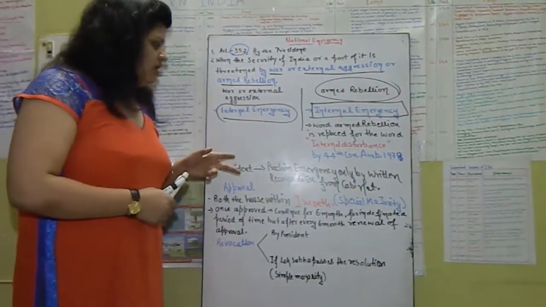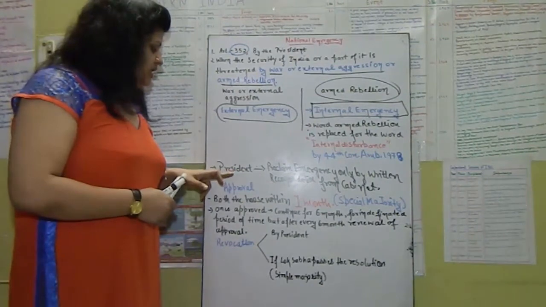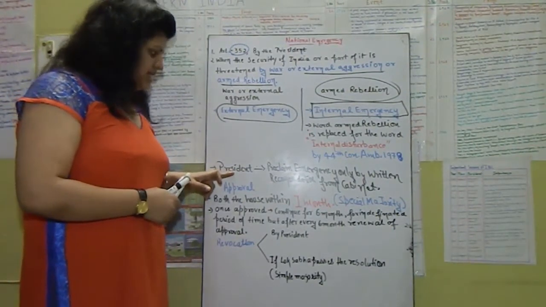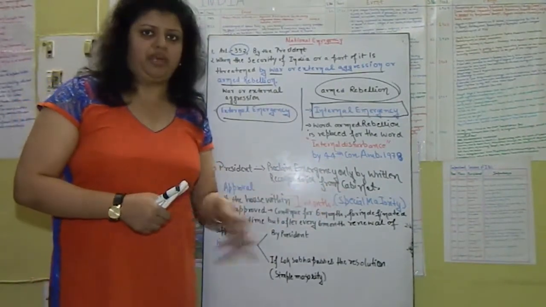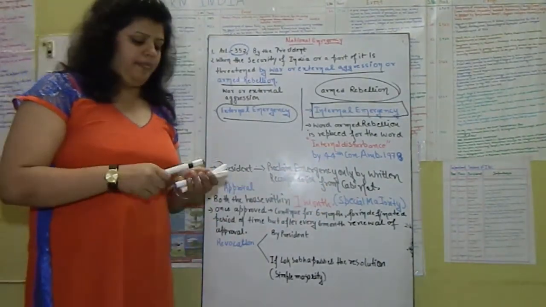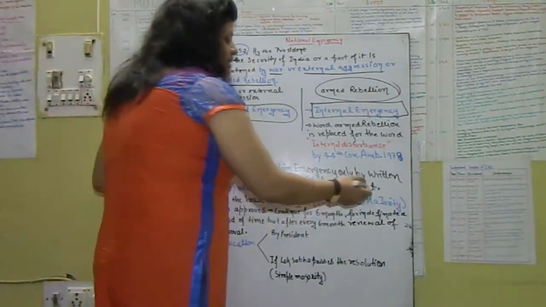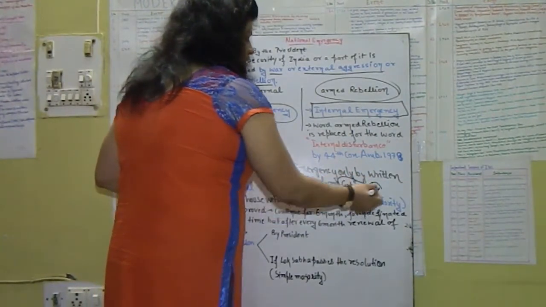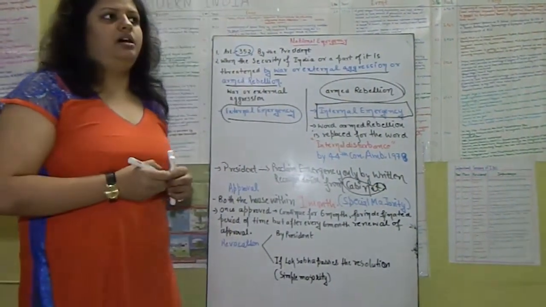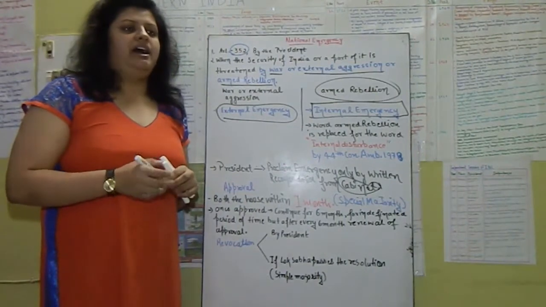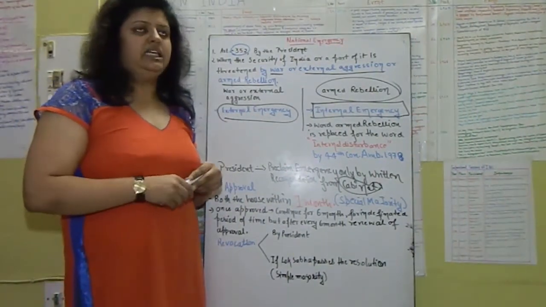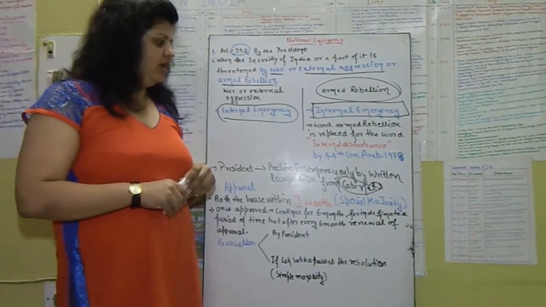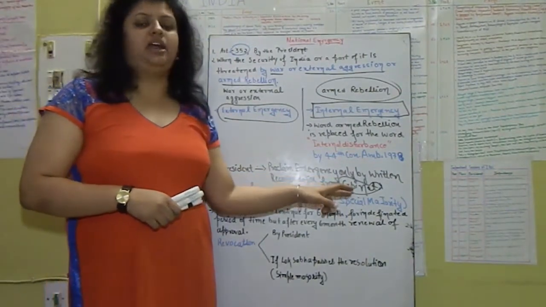Then the next thing is that the President can proclaim emergency only by a written recommendation from the Cabinet. So here you should know the meaning of the word Cabinet. In one of my videos, I have clearly explained the word Cabinet and Council of Ministers.